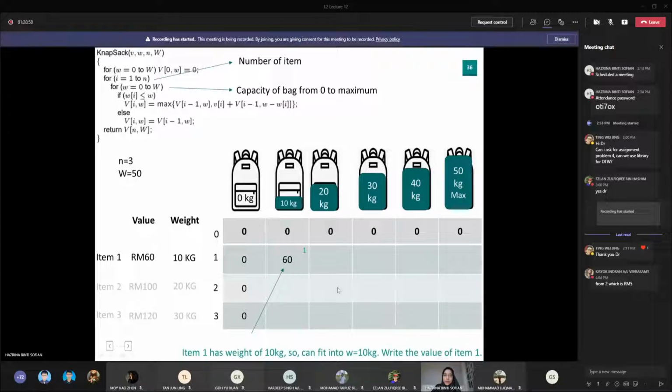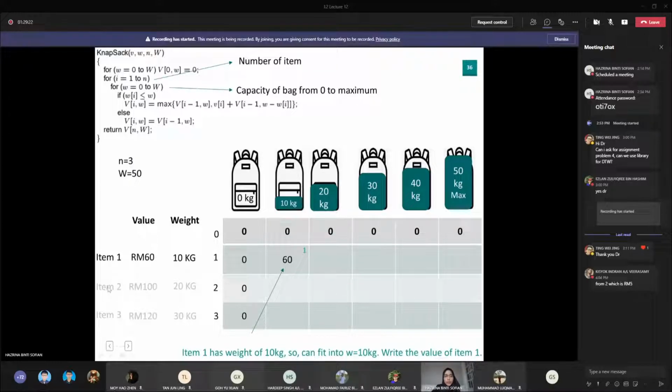So the concept for dynamic programming is, for example, for the first row, we will just consider taking item number 1. Item number 2 and item number 3, we don't take at all. So this row only considers item number 1.